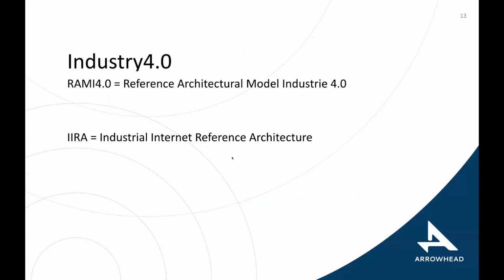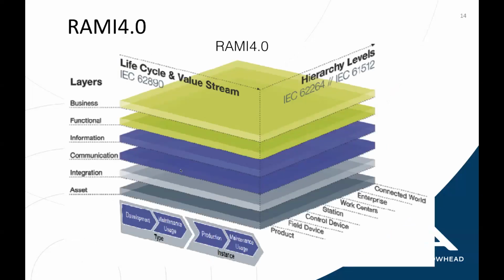It's also interesting to see that we have these new architectures, which are beyond ISA-95, RAMI 4.0 from Germany, and the IIRA from basically the US. They are different, but they are emerging nowadays. RAMI 4.0, a well-known picture for most of you, I think.